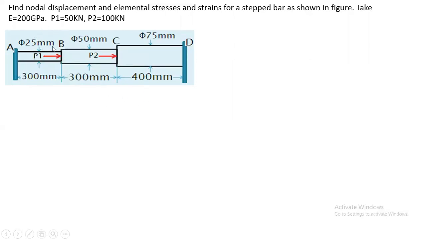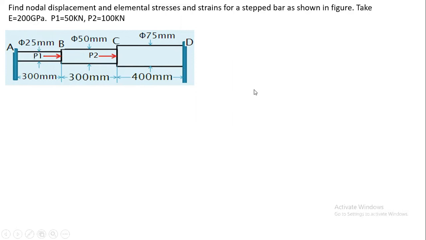For this problem, the material of the bar has modulus of elasticity 200 GPa. End A and end D, these two ends are fixed, and forces are applied as 50 kilonewton and 100 kilonewton at B and C.